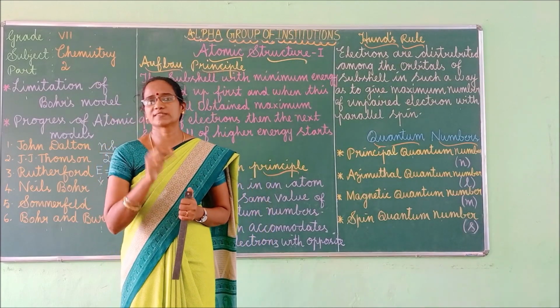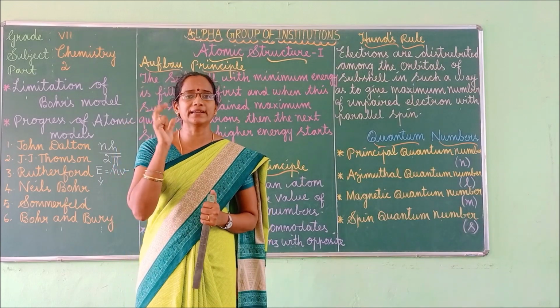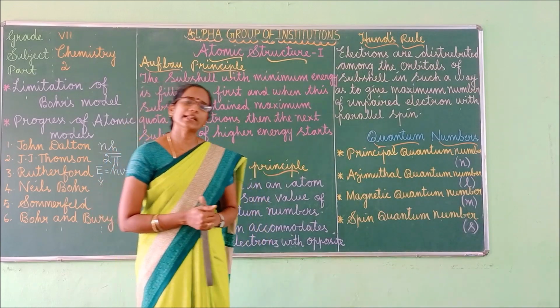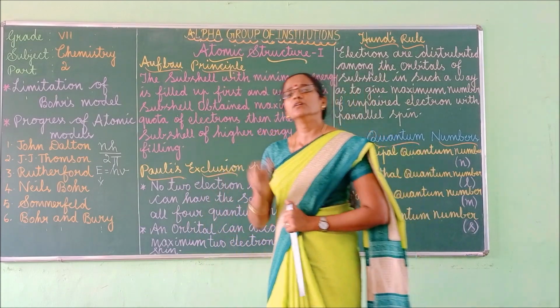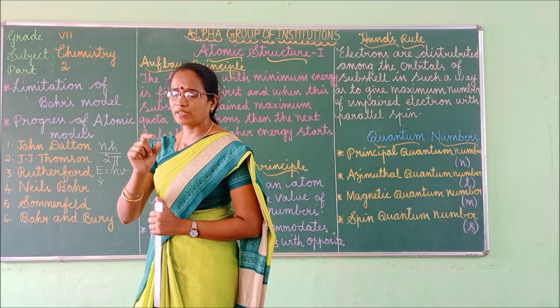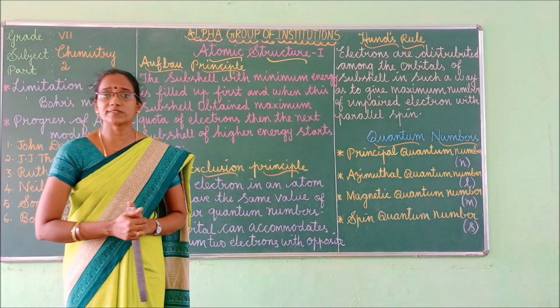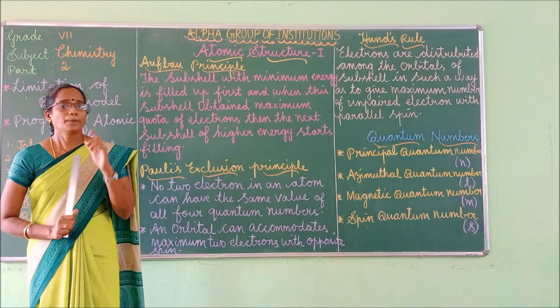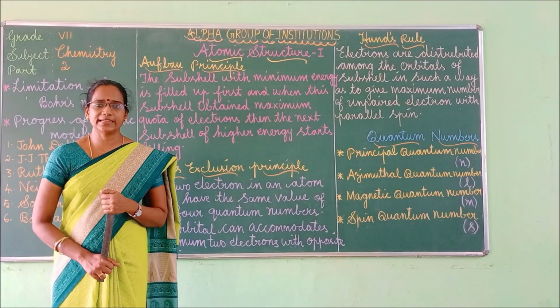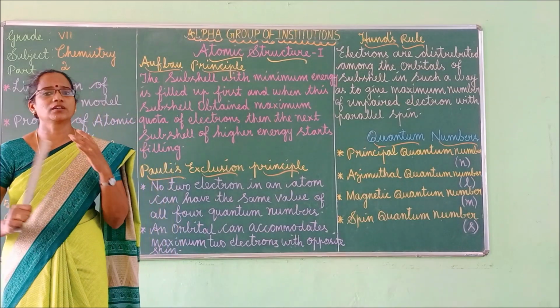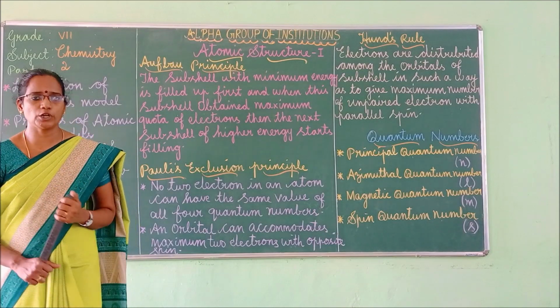You can expect this in a 1 mark question or in mid-level questions. By this way, the nature of the electron is studied. The nature of the electron we will discuss in the next video.